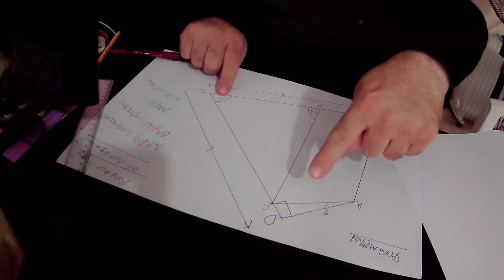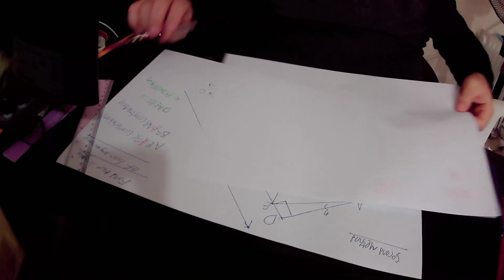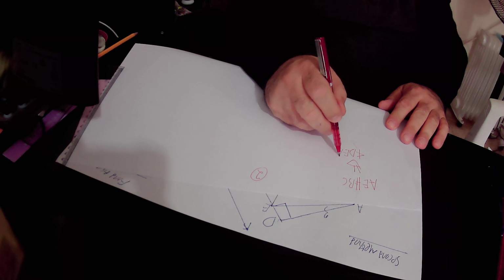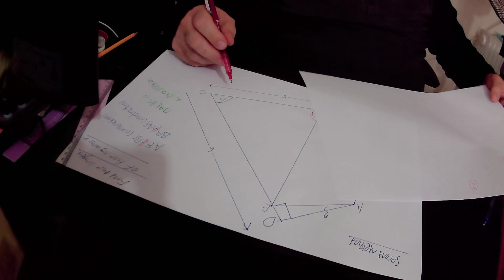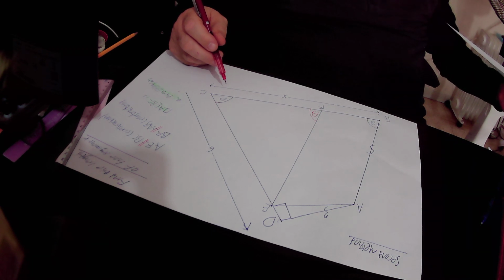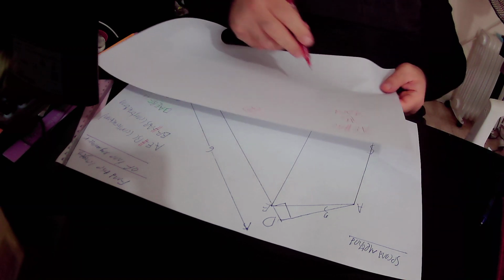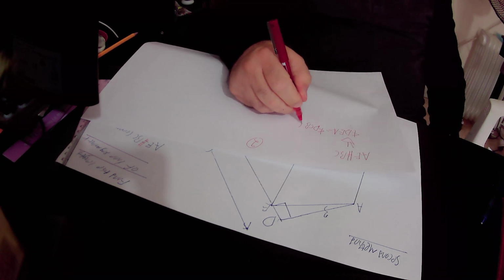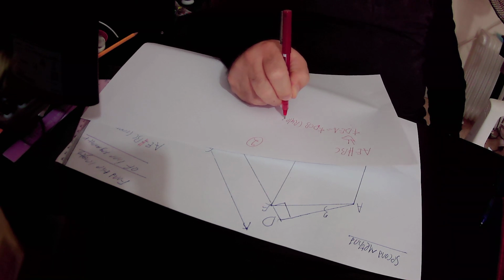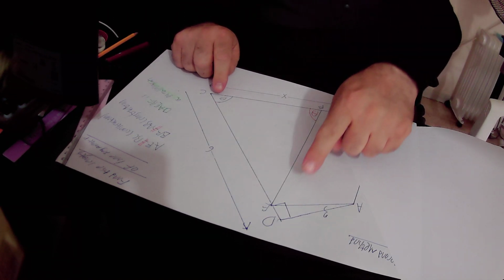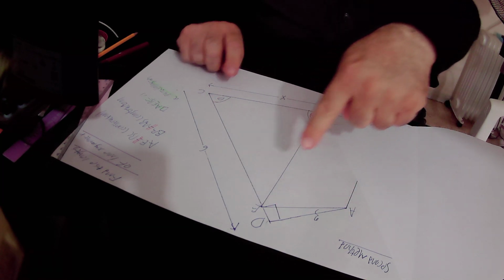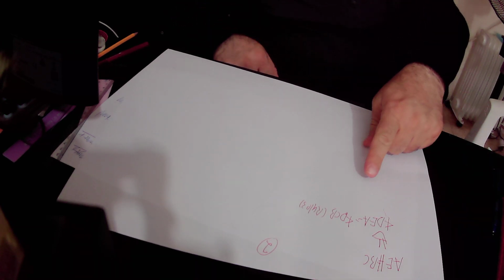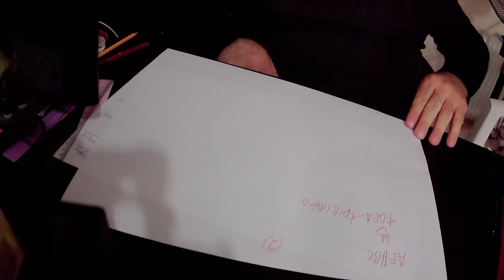That is to say, angle DAE equals angle DCB according to rule number 3, of course, because those two angles are located between the parallel lines AE and BC.